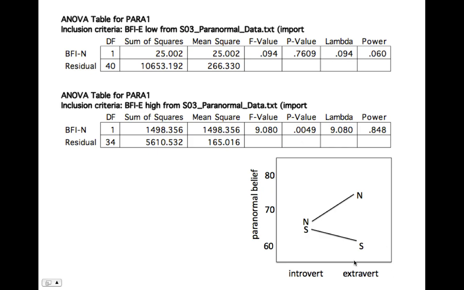It's only for extroverts, so we're looking at the right two data points, the neurotic and the stable people who are extroverted. And there is a reliable difference. So of the 4 paired comparisons we've looked at, only one of them is reliable. And that's the effect of neuroticism for extroverts, these right 2 points here.